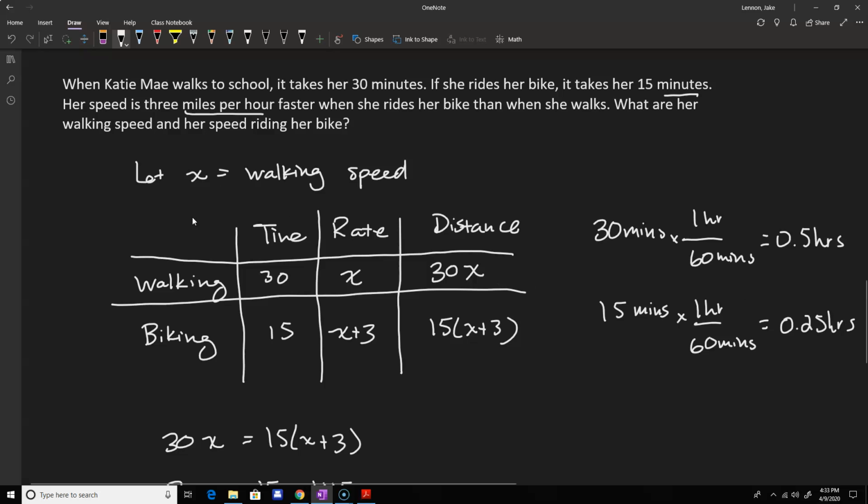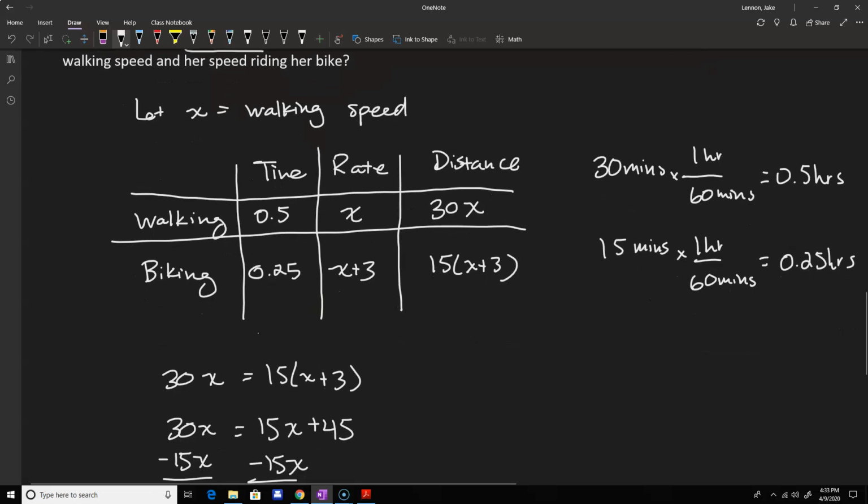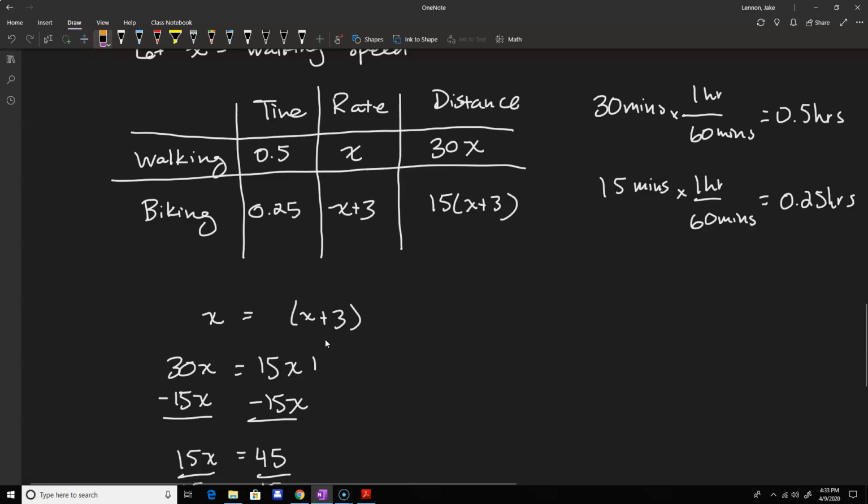So really what we should be doing is replacing the 30 here and the 15 here with those times of 0.5 hours and 0.25 hours. Otherwise, you're mixing hours and minutes in your problem, and your answer will not make sense from a unit perspective. So we need to change those and start back over.